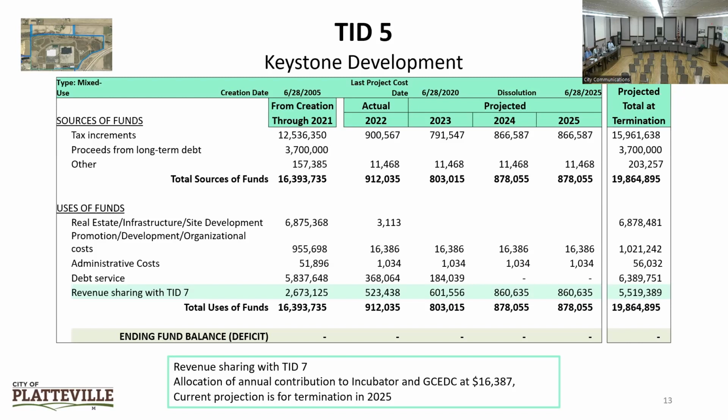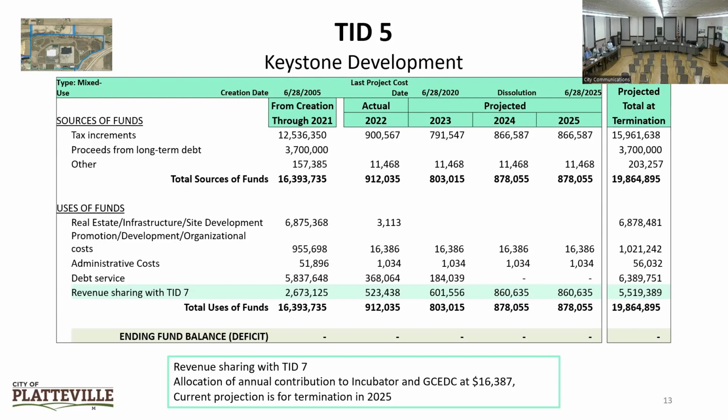You can see that 2023 is the last debt service payment for TIF 5. And then in the projected 24 and 25, there are no debt service payments for the TIF. So let's talk about the green row at the bottom. TIF 5 shares its revenue with TIF 7.